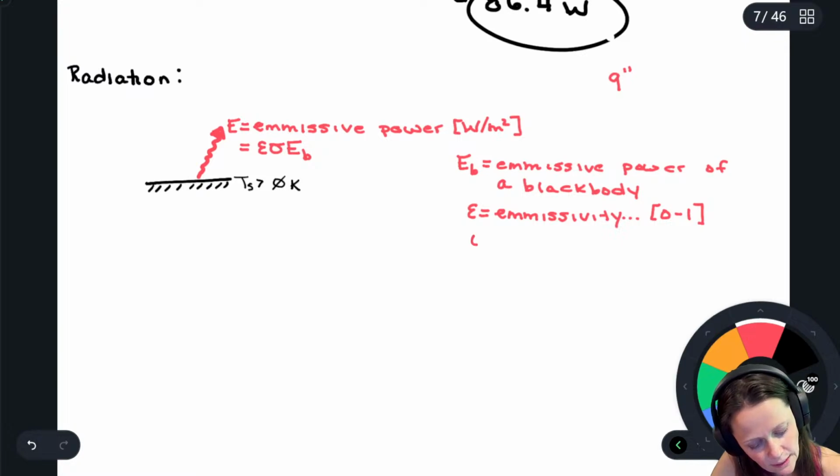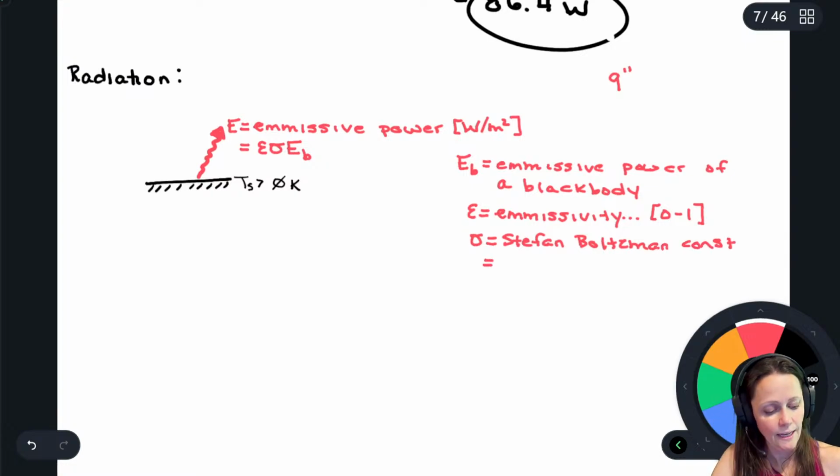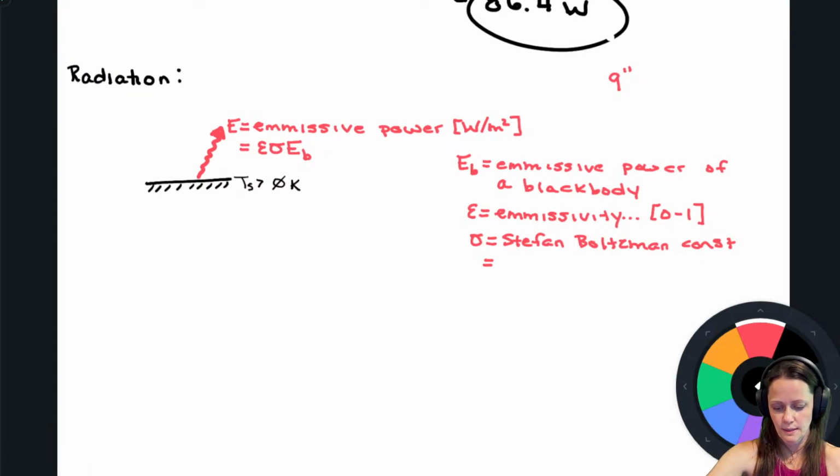And then this sigma is the Stefan-Boltzmann constant. It's a constant.